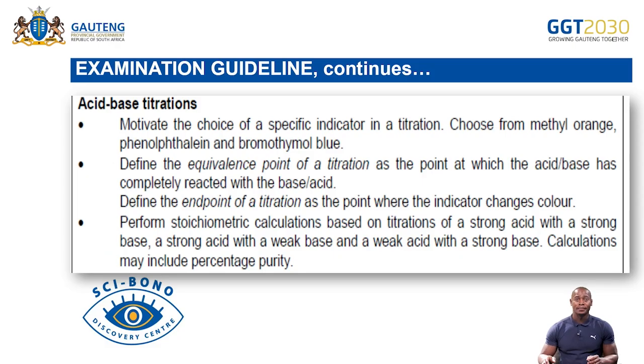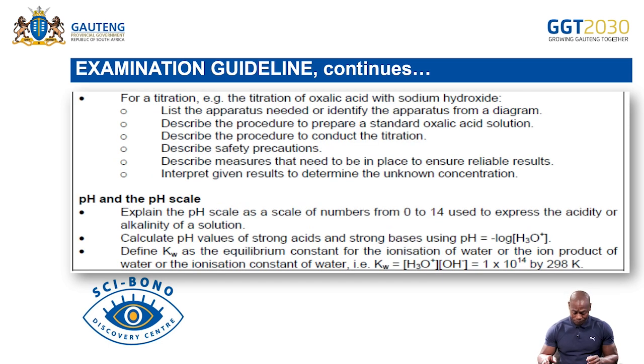looking at specific indicators for titration, choosing from methyl orange, phenolphthalein, and bromothymol blue, defining the equivalence point and the end point, and also performing stoichiometric calculations based on titration of a strong acid with a weak base, a weak acid with a strong base, and calculations may also include percentage purity.